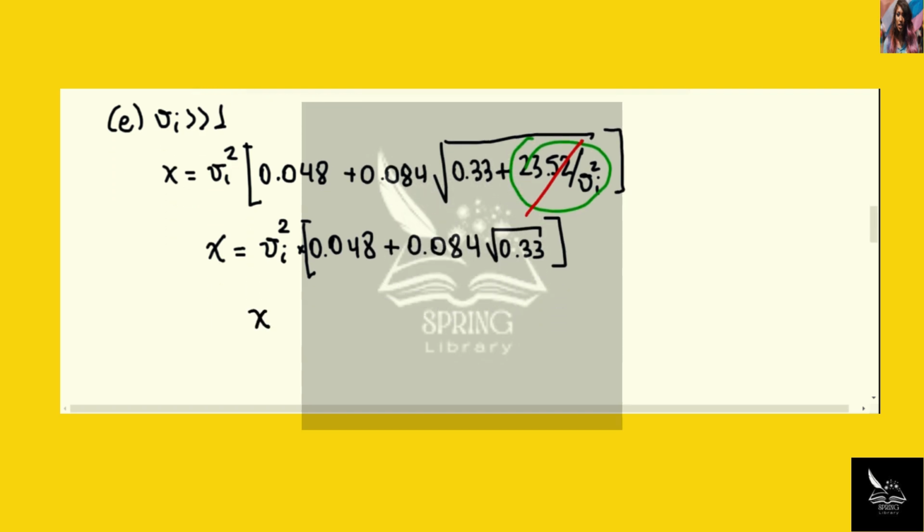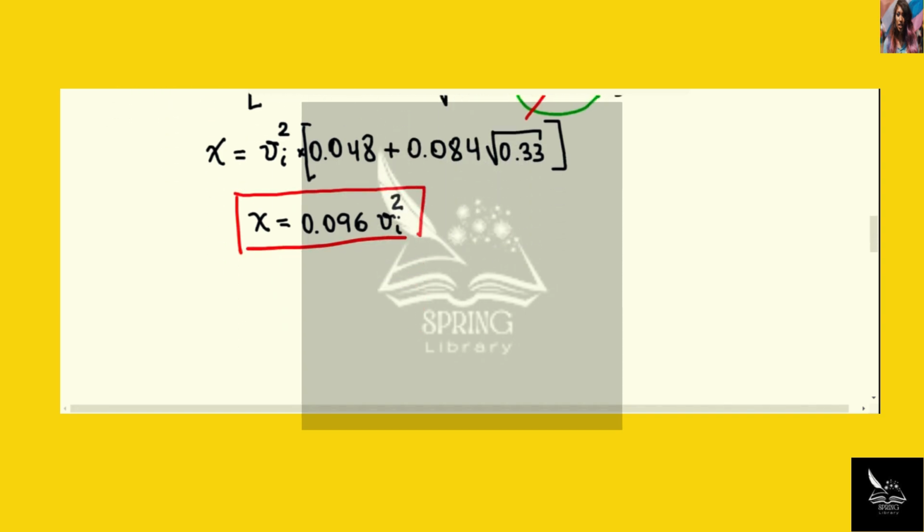So this is 0.096 times vi squared. Okay. And again, the expression simplifies a lot.